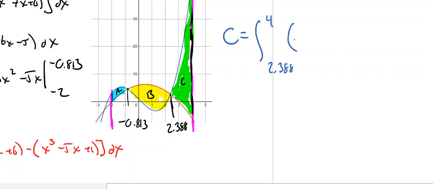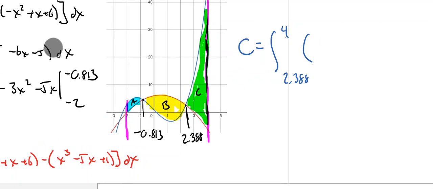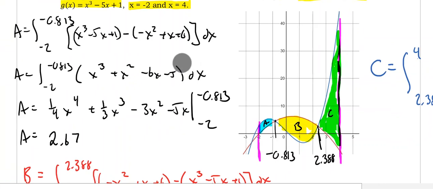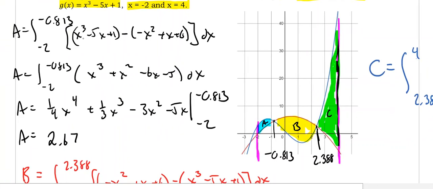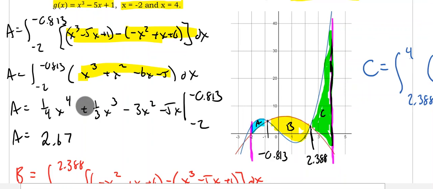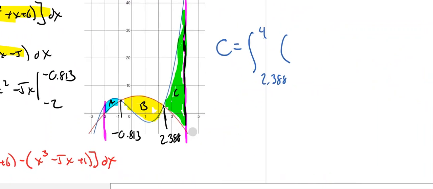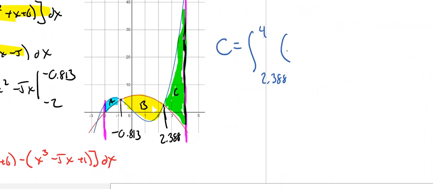So we can go back to what we did over here with area A. It's going to be exactly the same as this. So I'm going to just rewrite this now: x cubed plus x squared minus 6x minus 5 dx.